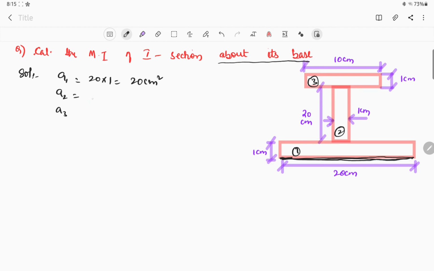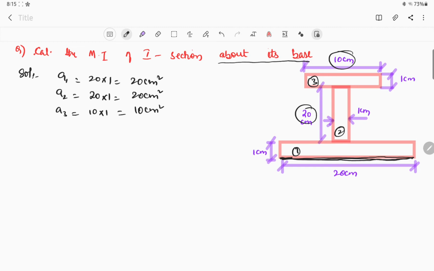What about A2? 20 into 1, which is equal to again 20 centimeter square. What about A3? A3 is 10 into 1, which is equal to 10 centimeter square.